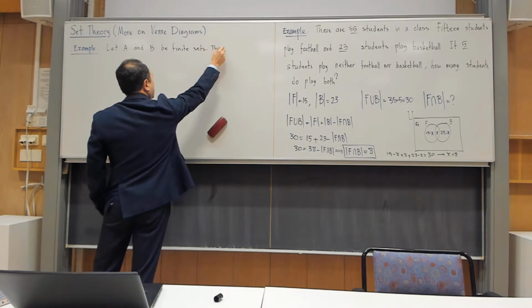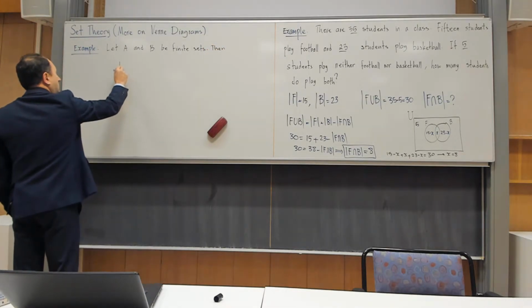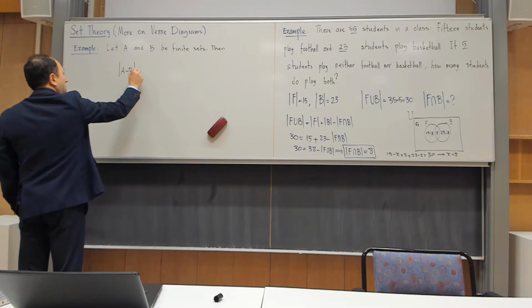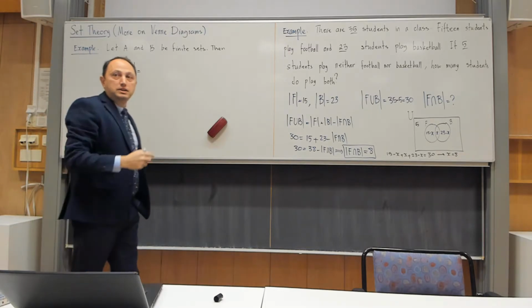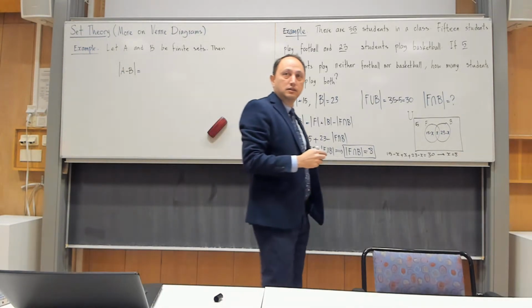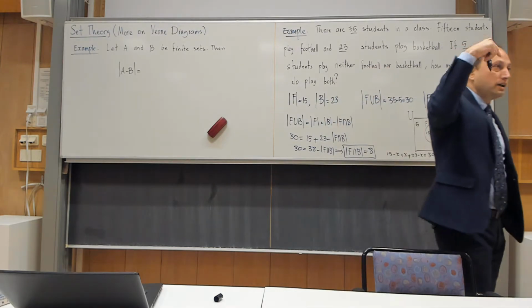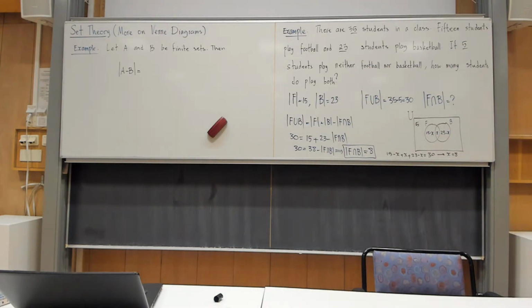Then the cardinality of A minus B is equal to, using Venn diagram, it is actually more or less immediate. Can you just cook up a formula by imagining it in your head using a Venn diagram? This is actually why I told it's more on Venn diagrams.